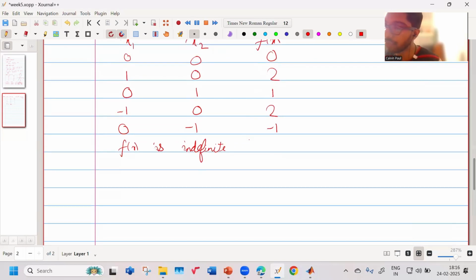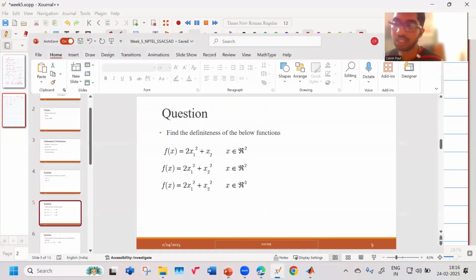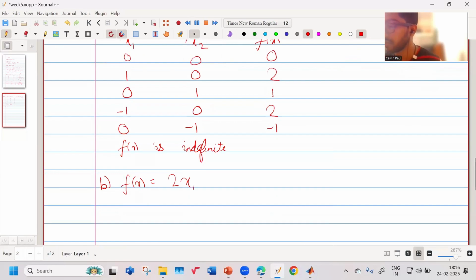Okay, so let us go to part B, where f of x is equal to 2x1 square plus x2 square. Now, how will we analyze this?